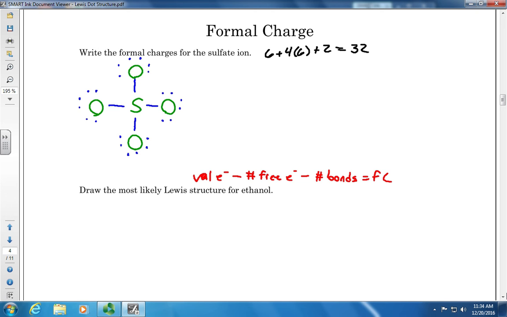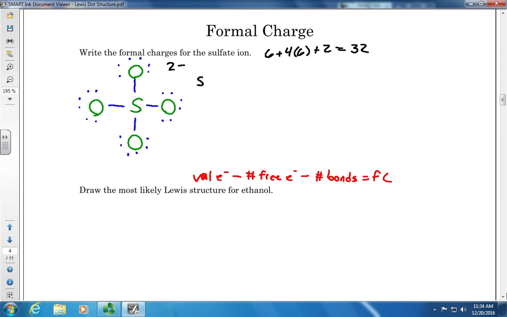All right, so if we were to write out the formal charges for this, you'll begin to see why this is an inaccurate representation of a sulfate ion. First of all, it needs to have its 2- on it. Okay, so the first thing we're going to look at here is that we're going to have 2 cases.